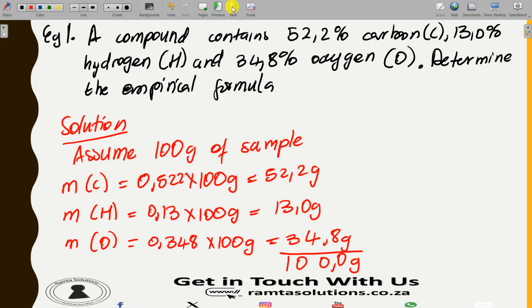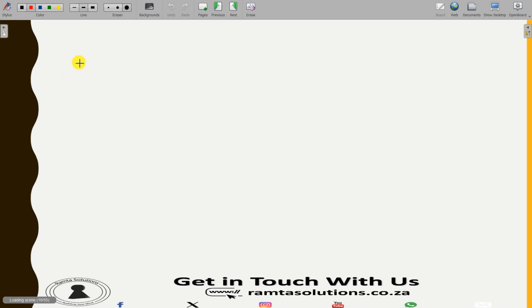Now we are going to relate the number of moles of these elements. We know number of moles is equal to mass over molar mass.